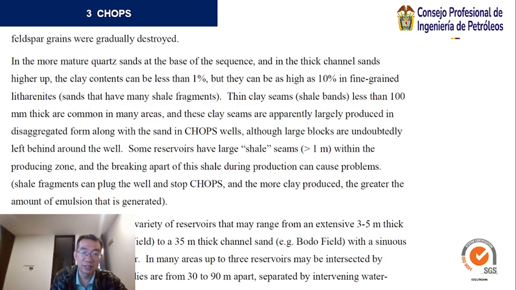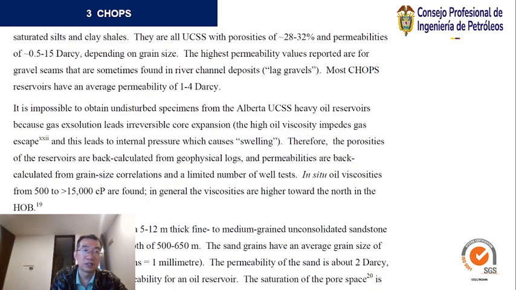These sand bodies are from 30 to 90 meters apart, separated by intervening water saturated sands and clay seals. They are all UCSS with a porosity of 28 to 32% and permeability of 0.5 to 15 darcies, depending on grain size.